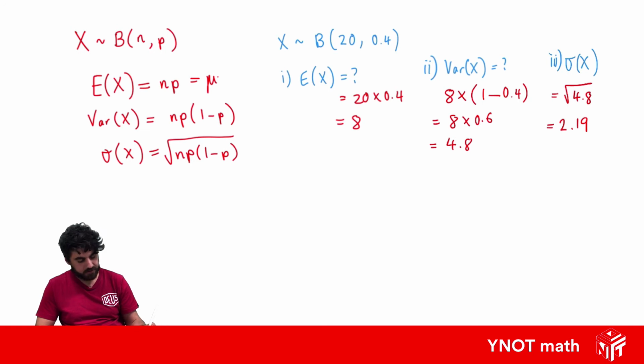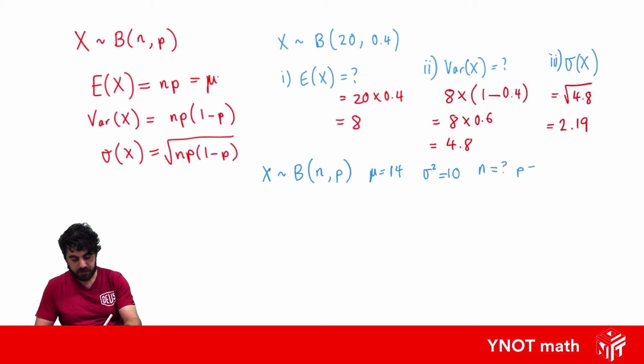Let's have a look at another example. So if we have another score x that has a binomial distribution with parameters n trials and a success probability equal to p, where the mean equals 14 and the variance equals 10, we want to find the values of n and p.